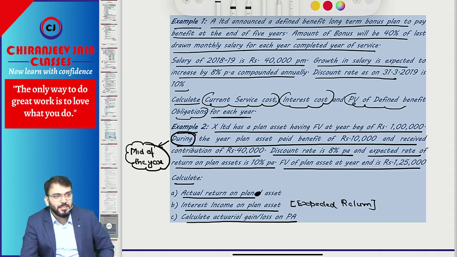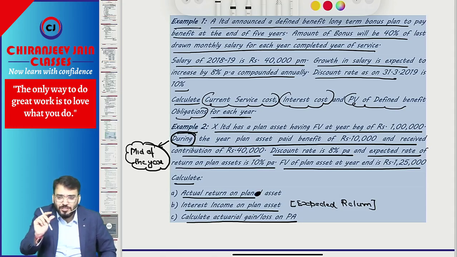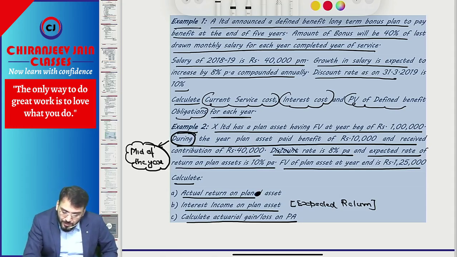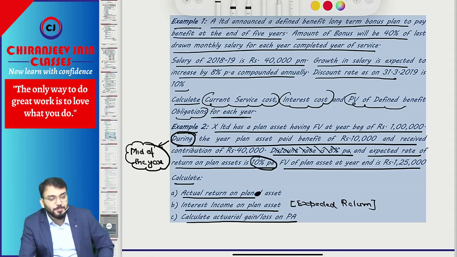So this 10% per annum is important, the discount rate is not at all important now.